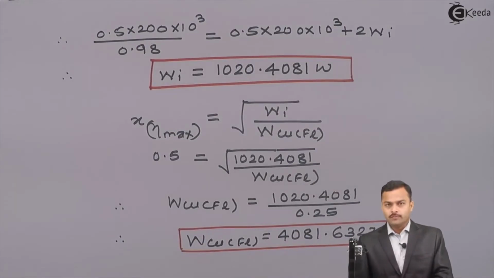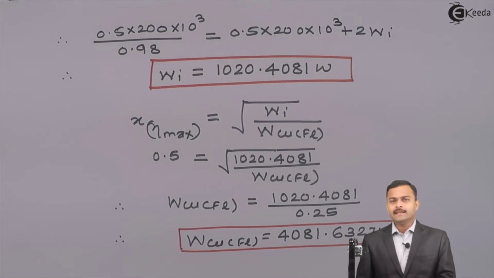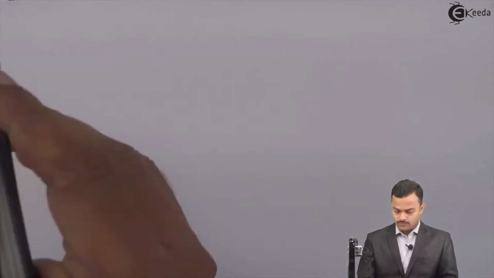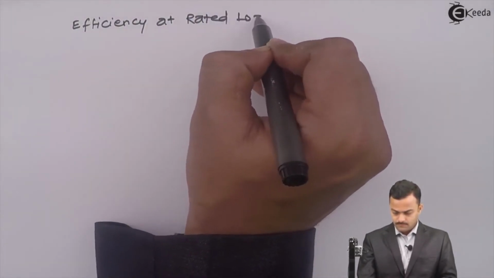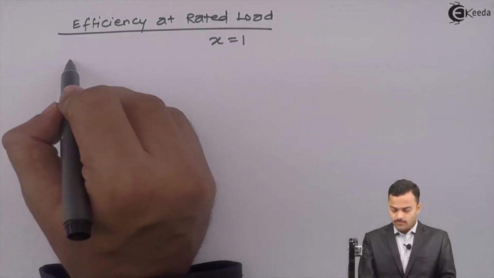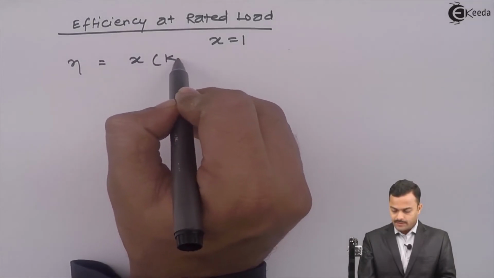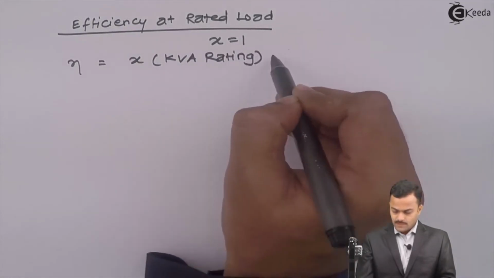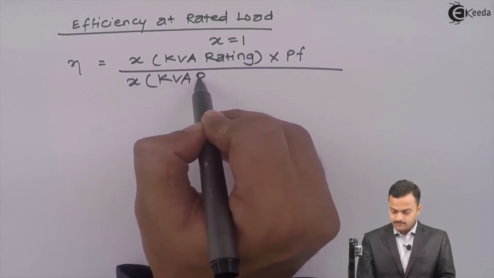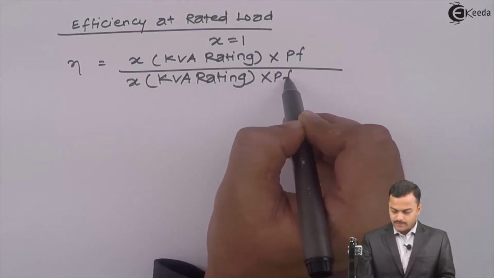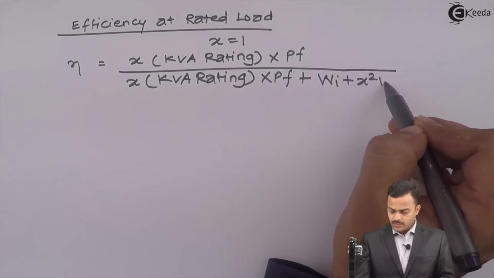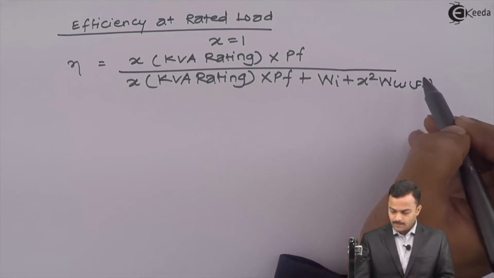This is very useful because we can get efficiency at any load. In the first case we have to find out efficiency at rated load. Rated load means X equal to 1, and so the formula is X multiplied by kVA rating multiplied by power factor, divided by X into kVA rating multiplied by power factor plus iron loss or core loss, X square WCU FL.